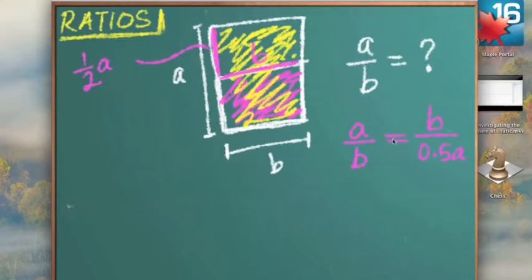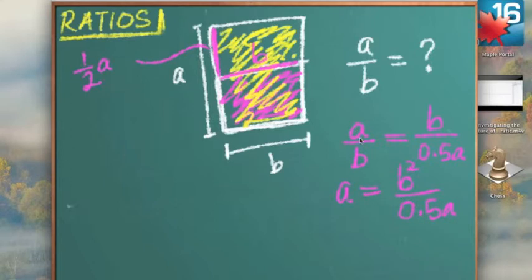You can multiply both sides of this equation by B to get the following. A is equal to B squared over 0.5A, right? This is correct.